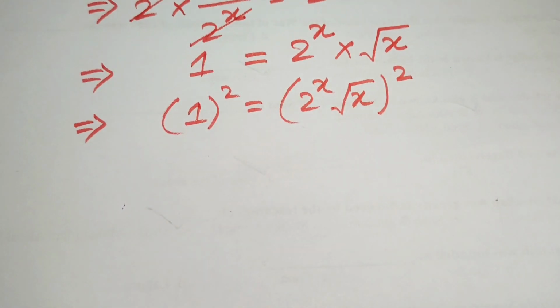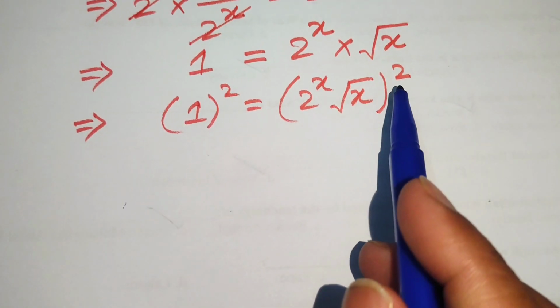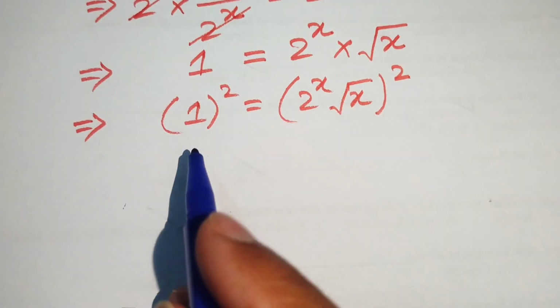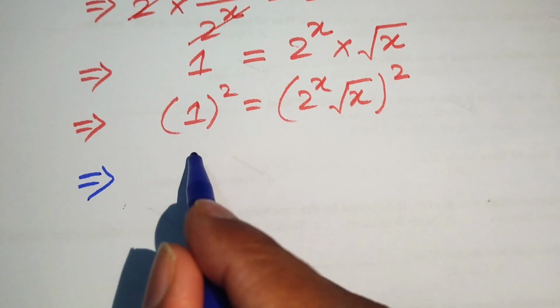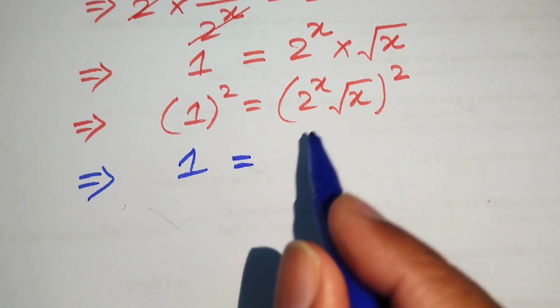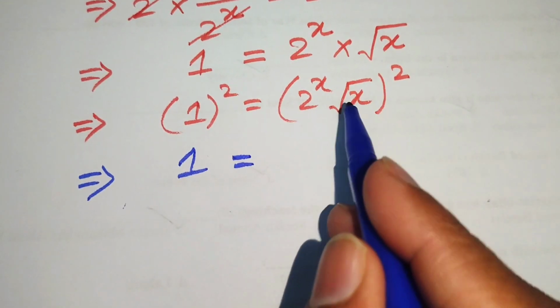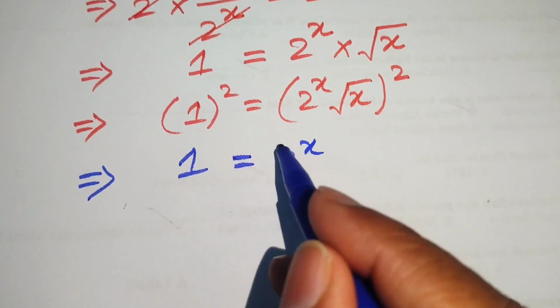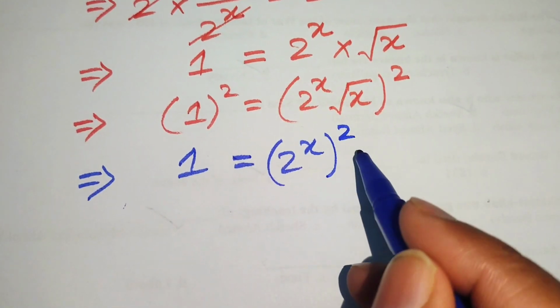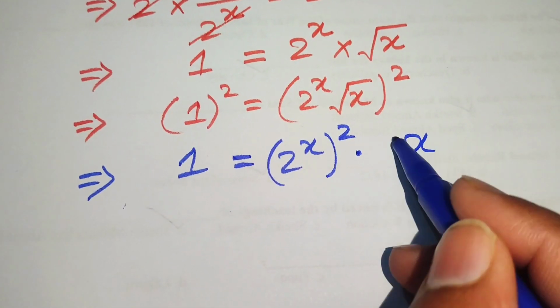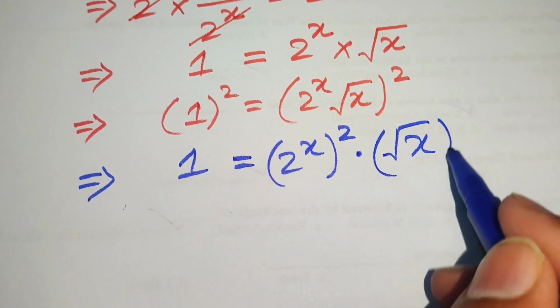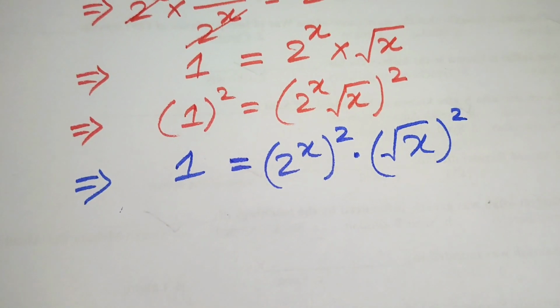Here we use another exponential law on the right hand side, and we apply this exponent separately on both of these terms. On the left hand side the square of 1 is 1, and it will be written as 2 to the power of x whole squared into square root of x whole squared.